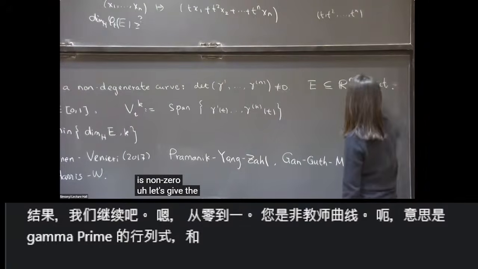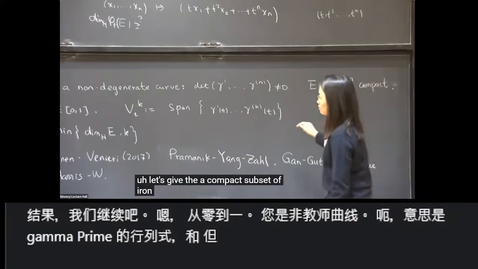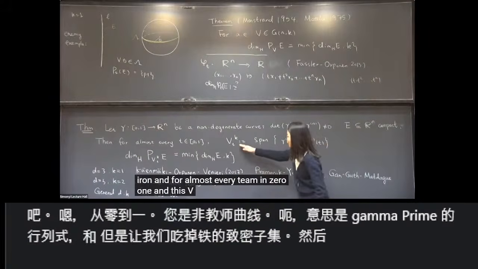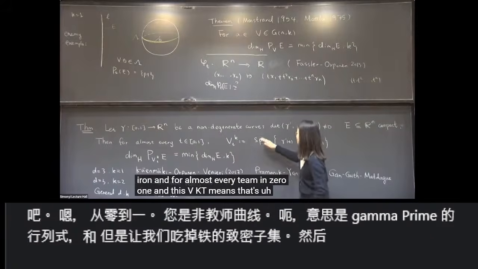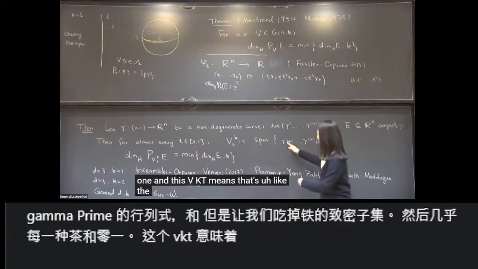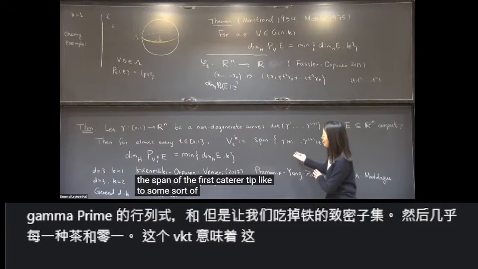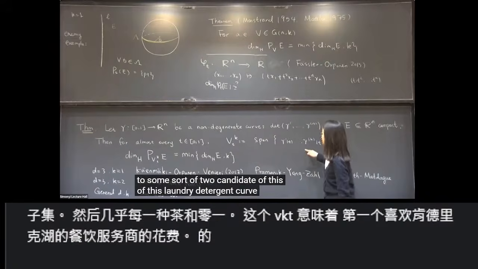Let E be a compact subset of R^n. Then for almost every t in [0,1], and this V_{k,t} means the span of the first k derivatives, like some sort of k-tangent plane of this non-degenerate curve at point t.